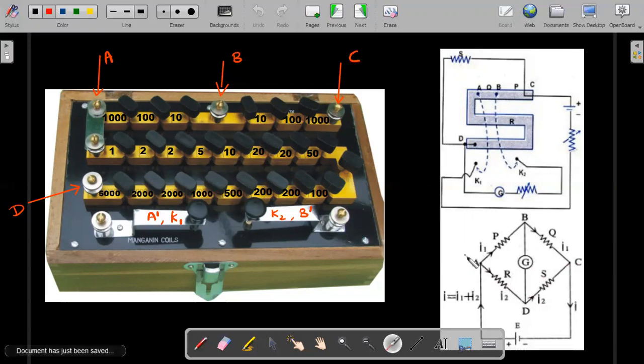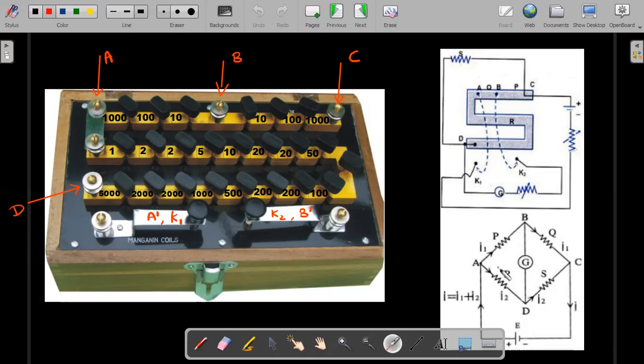We'll adjust these numbers during the experiment in such a way that P by Q, which is the standard ratio of these resistances, is made equal to R, a known value but a variable resistance, divided by S, an unknown value but a constant resistance. So S is to be found out in this experiment using galvanometer deflection. Just like the meter bridge, this experiment relies on null point deflection.